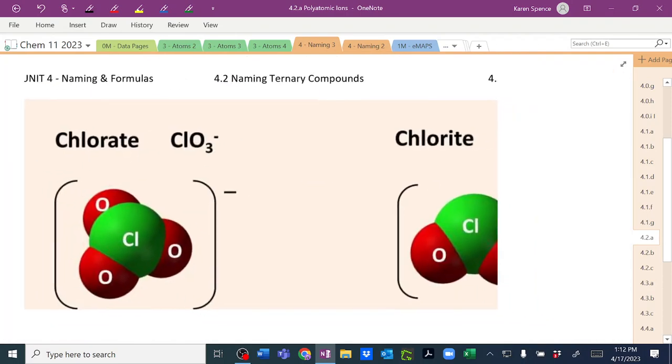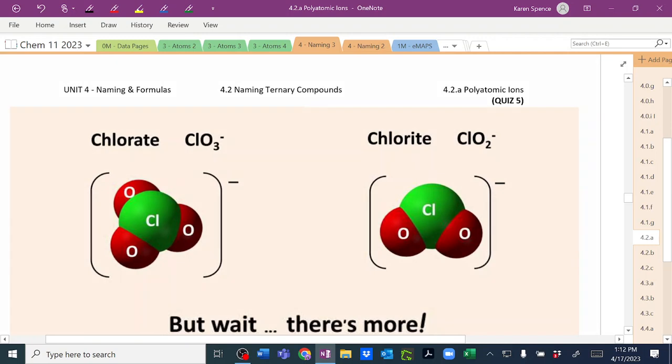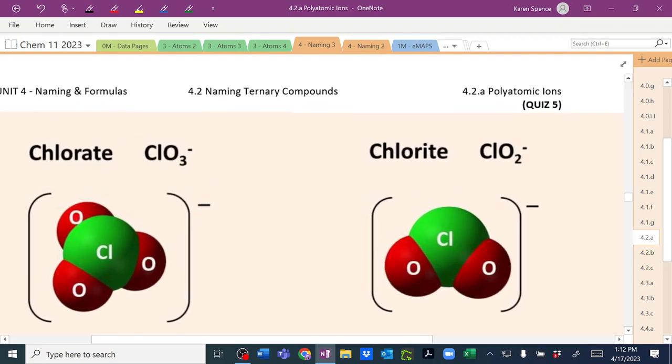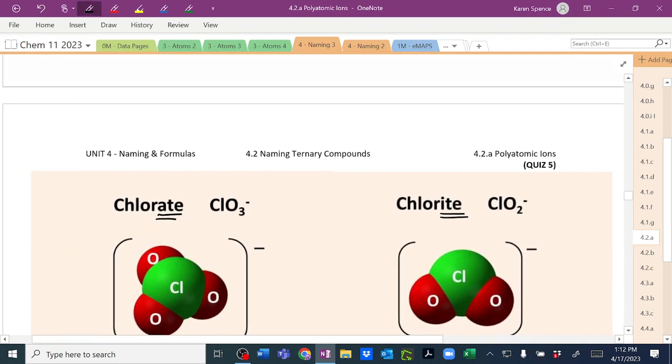All right, here we have a bigger family. We have chlorate and we have chlorite. And actually, go look at your pink sheet, and tell me, what do almost all polyatomic ions end in?